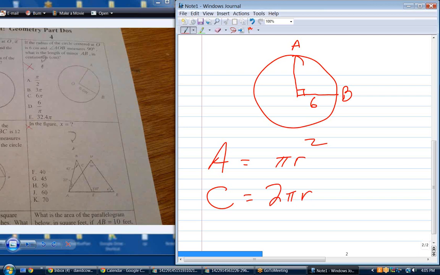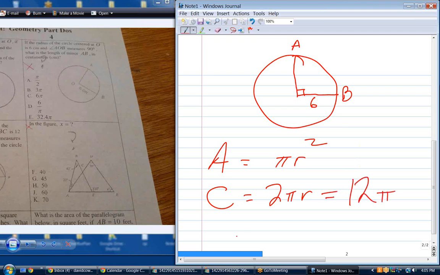So what's the circumference of that whole circle? You plug in 6 for r, so 2 pi 6, that would be 12 pi. So 12 pi is the circumference of the whole circle.